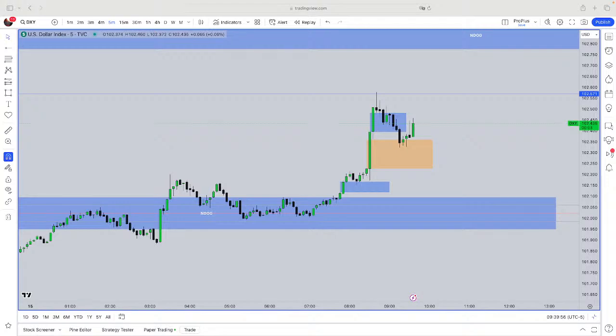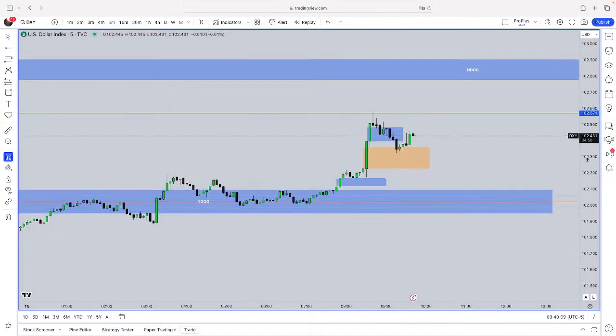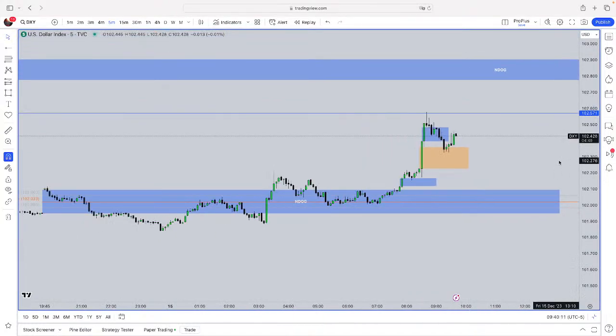Yeah, the consequent encroachment of wicks is key. Just like consequent encroachment of fair value gaps, wicks, and the mean threshold of order blocks is so key. Always try and remember them, especially on the higher time frame. You want to look for the three quadrants, so the 25, the 75, and the midpoint.